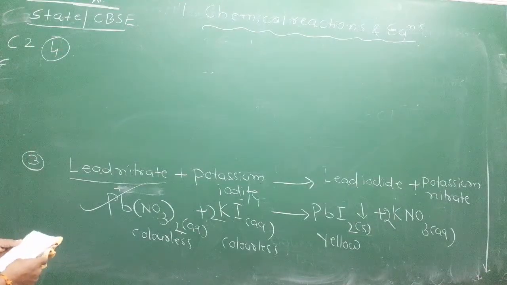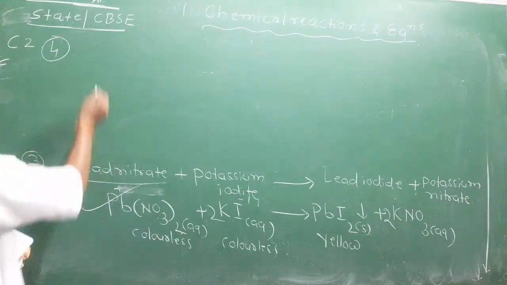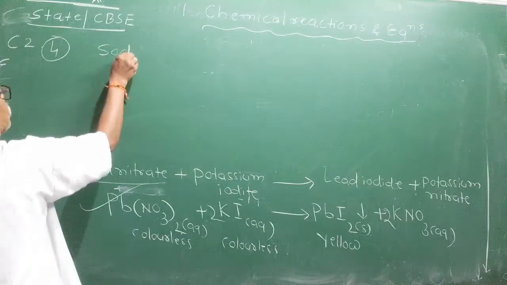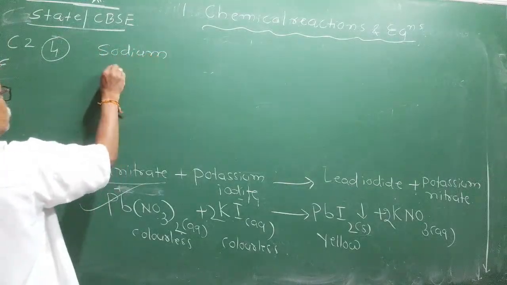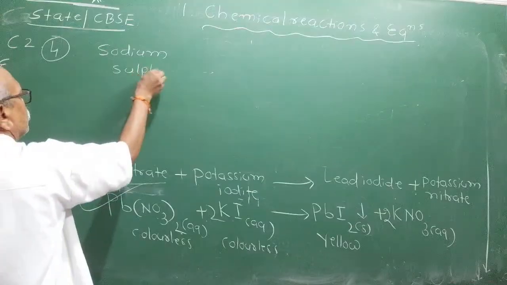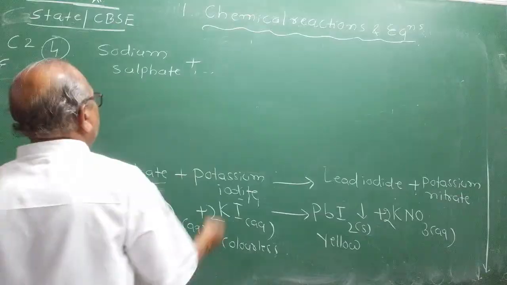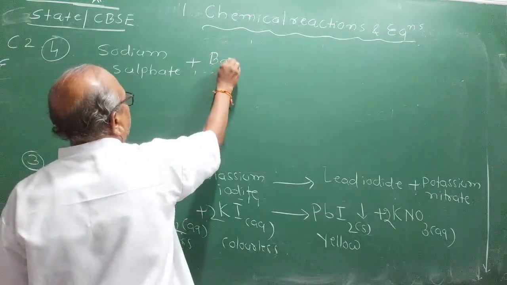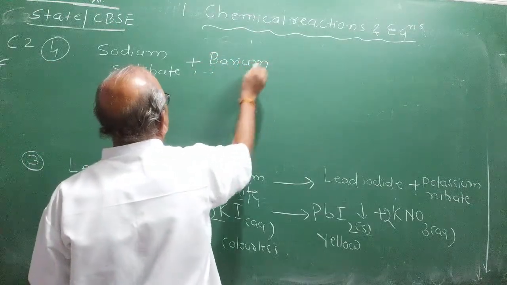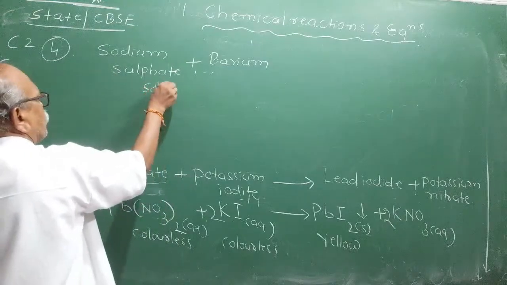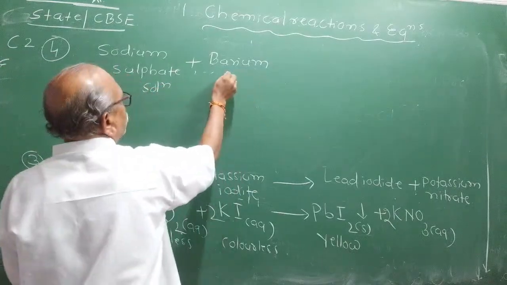Fourth one: you take sodium sulfate plus barium chloride as the reactants. You take in two test tubes, a solution of sodium sulfate and an aqueous solution of barium chloride.